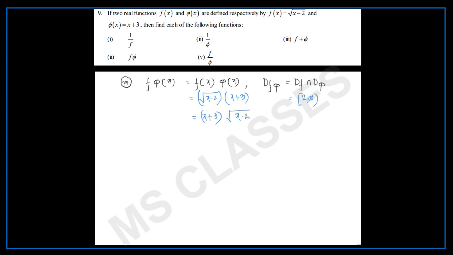Next, the fifth one, (f by phi)(x), which is f(x) by phi(x), provided the domain of f by phi is equal to the domain of f intersection the domain of phi, minus the set of those values of x for which phi(x) is 0.